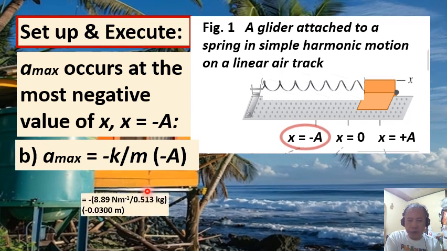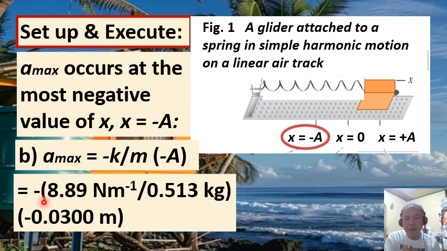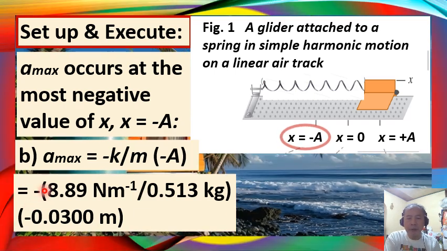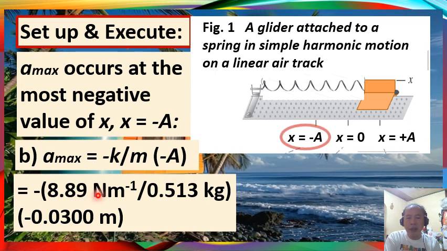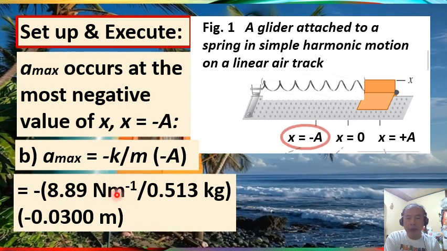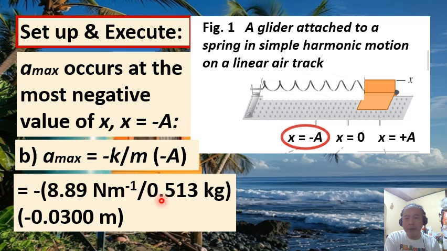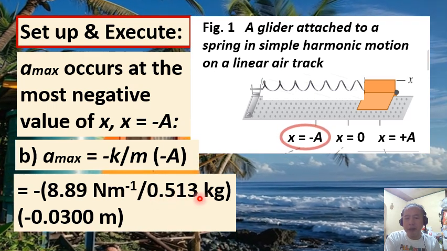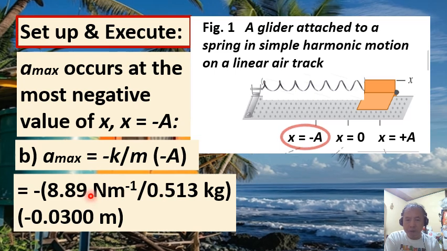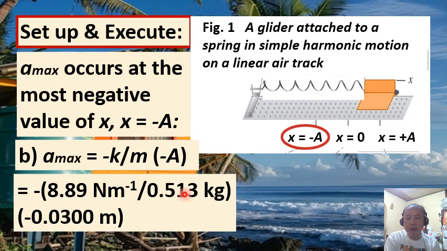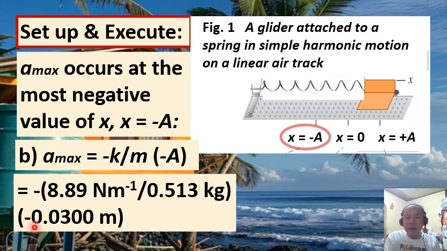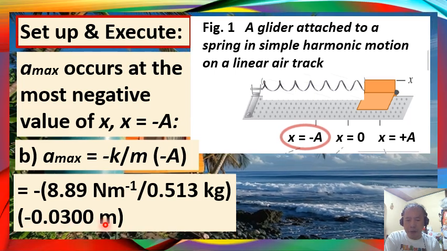So when we substitute, we get A max equals negative quantity 8.89 Newton per meter, that's the value of K, then divided by the computed mass of the glider, 0.513 kilogram. So after dividing these two values, we multiply it by negative 0.0300 meter.